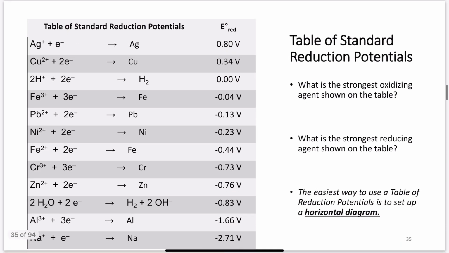So let's put this table to use. Looking at this, what is the strongest oxidizing agent shown? What does oxidizing agent mean? Oxidizing agent means it wants to be reduced. Who wants that electron the most?